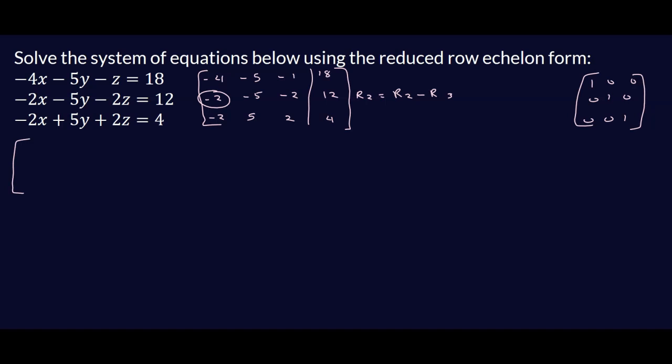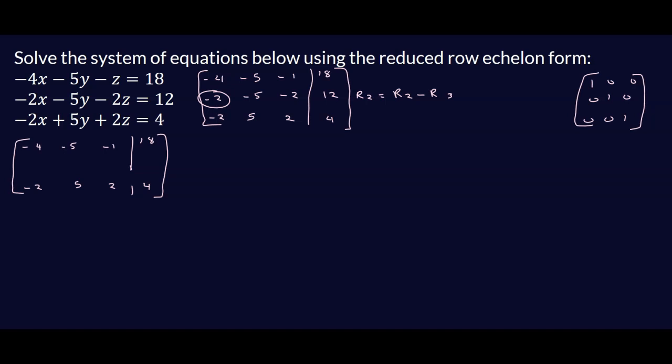So let's plug in our values for row 1. Negative 4, negative 5, negative 1, and then we have 18. Let's skip row 2. Let's go to row 3. Negative 2, 5, 2, and then we have 4. Okay, now let's figure out row 2 is row 2 minus row 3.